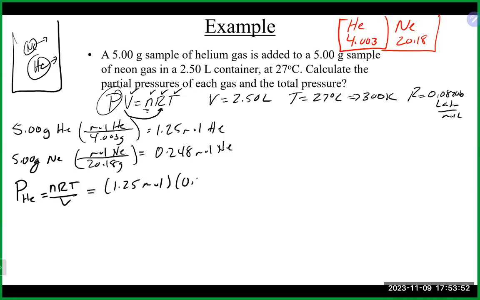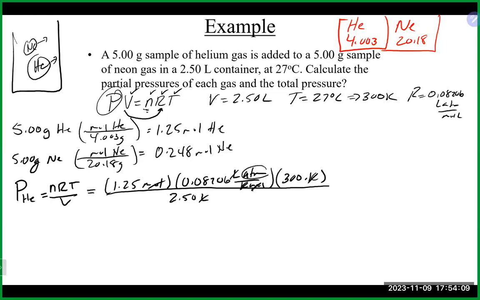Our gas constant, our temperature 300, all divided by our volume of 2.5 liters. Moles will cancel, Kelvin will cancel, liters will cancel. Going to leave us atmospheres, which is good since we're looking for a pressure in this case.